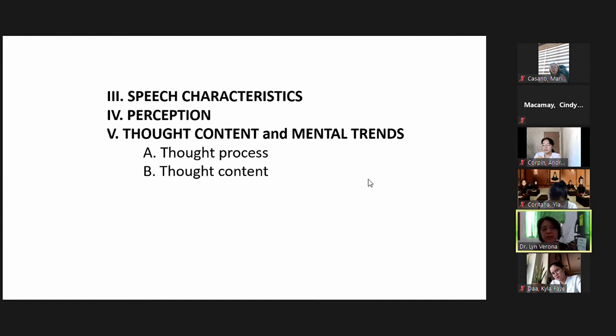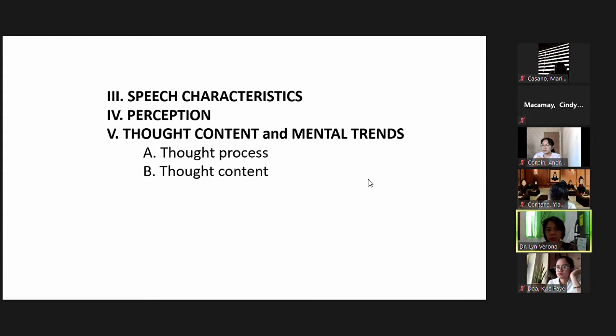Then perception. So when you say perception, you have your hallucination, meaning to say perception, you use the five senses, no? Hallucinations. There is your somatic hallucination. He feels that his body is misshapen, no?